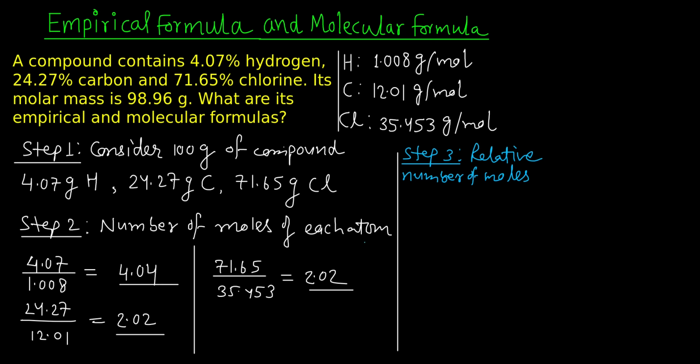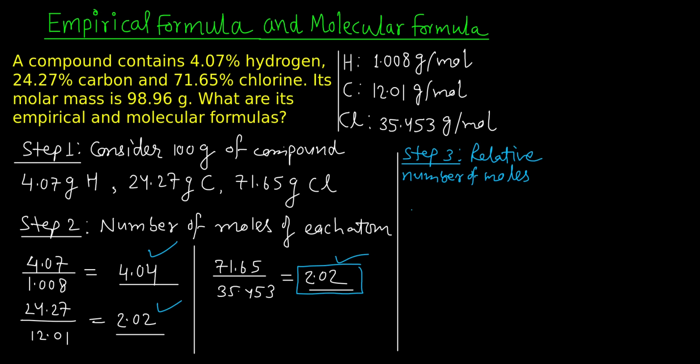You choose the smallest number from the last step. There are three numbers we are getting: 4.04, 2.02 and 2.02. The smallest of all these is 2.02. So you choose the smallest number and divide every number by that smallest number. That will give you the relative number of moles of each element in that 100 gram of compound.